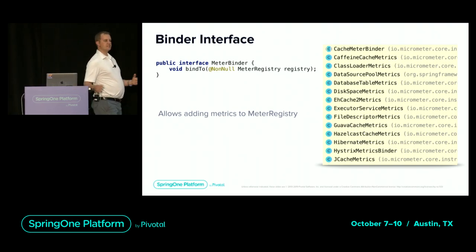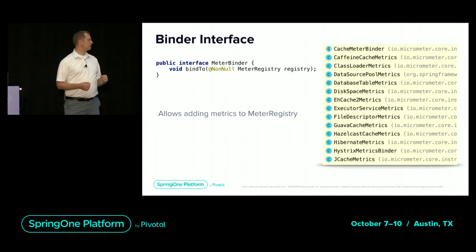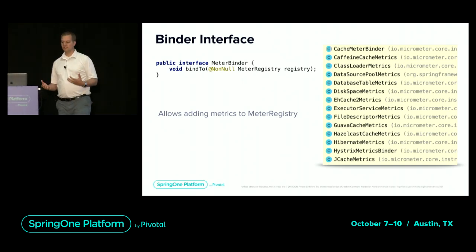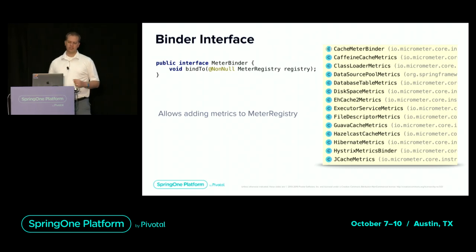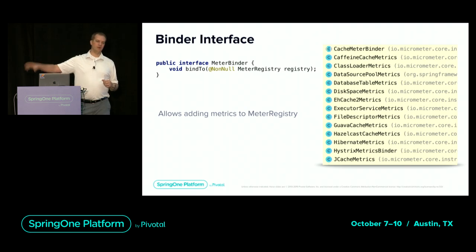The way that these things get wired in is the binder interface, and this comes from the Micrometer project directly, and it's simple. It just has a bind to method that you can implement. And any beans that implement the meter binder interface will go and get bound to the meter registry for you by Spring.